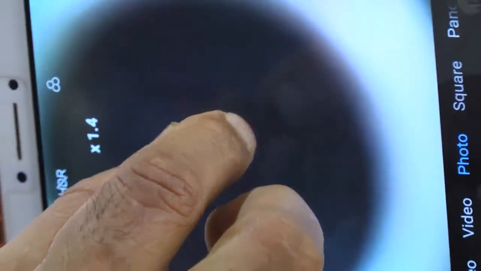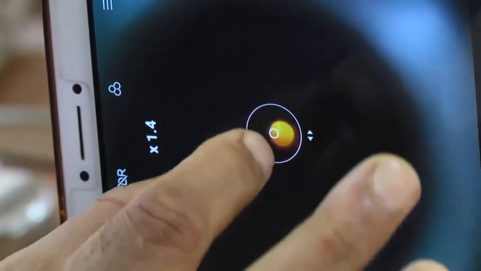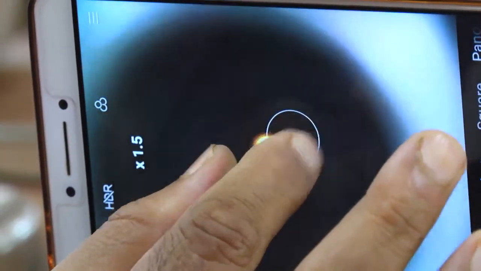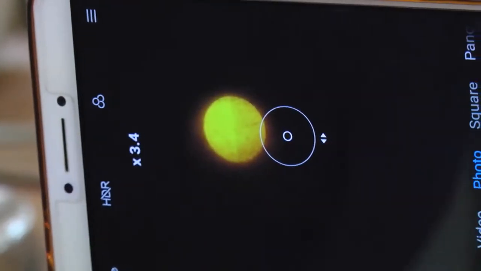Now the spot you are seeing in the camera is the half shade plate. I am trying to make it slightly bigger. Yes, it's slightly bigger.